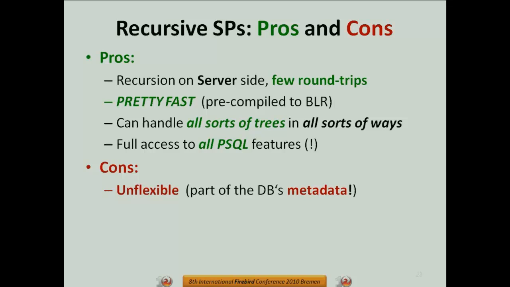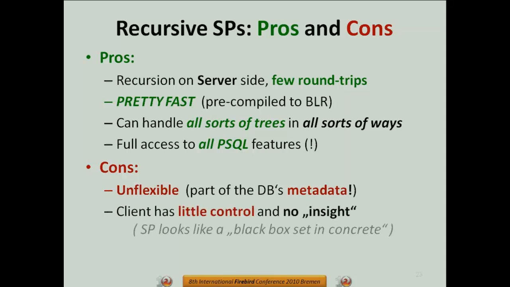But I'm a bit old-fashioned thinking about this. In my eyes, metadata is something that should be treated as set in concrete. Once we have a database deployed, the metadata shouldn't change on a regular basis. So if you have a simple problem and you have one store procedure that will take care of it, no problem. But if you want to be more flexible and you would have to recompile or reinvent new recursive store procedures, they're not that flexible for that.